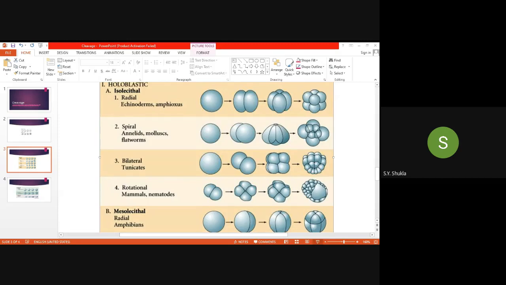In these, during development, they all form the blastocyst cavity, and the developmental stage is called the blastocyst. In mammals, the outer layer is the trophoblast. Near the cavity there is a mass of cells called the inner mass of cells.